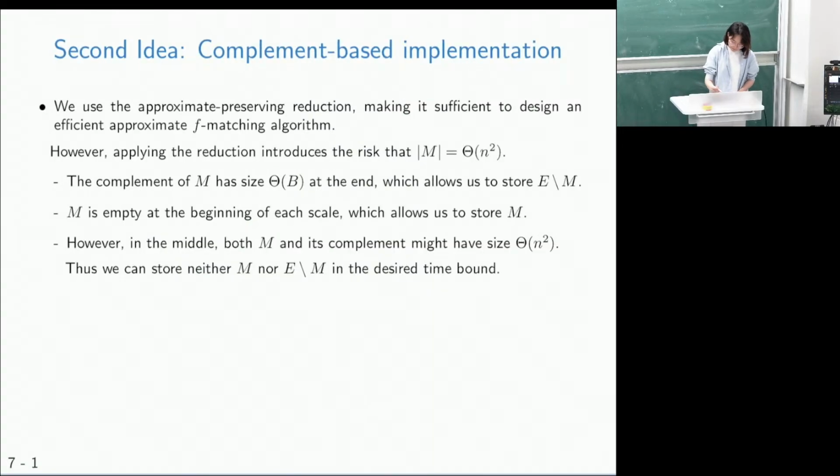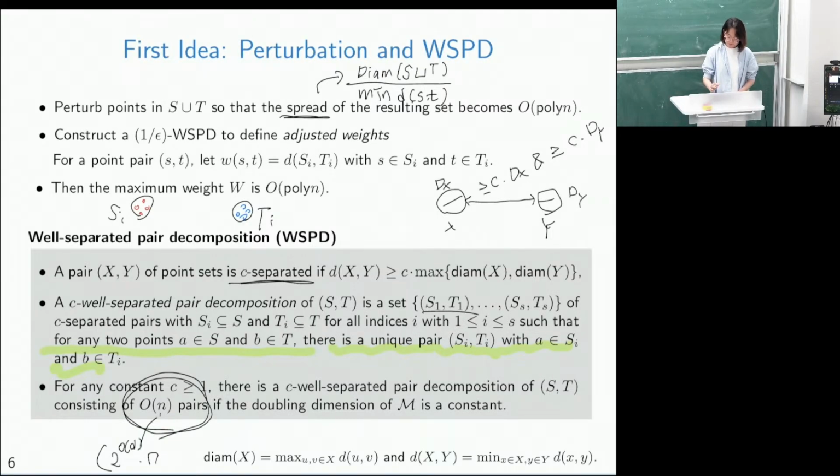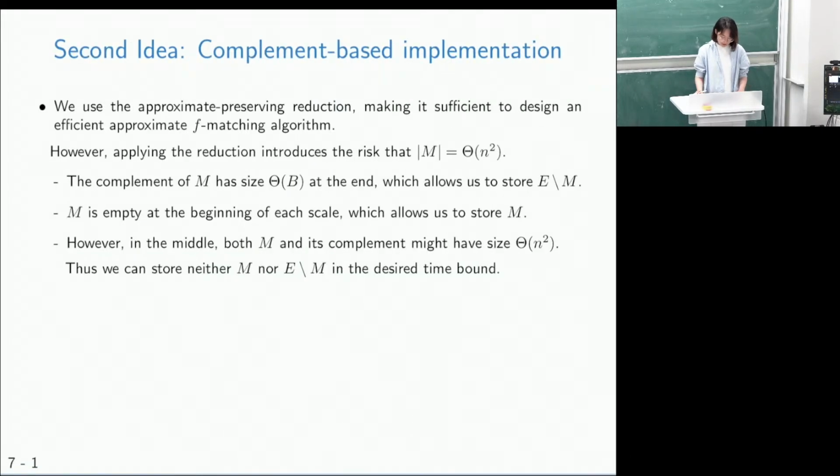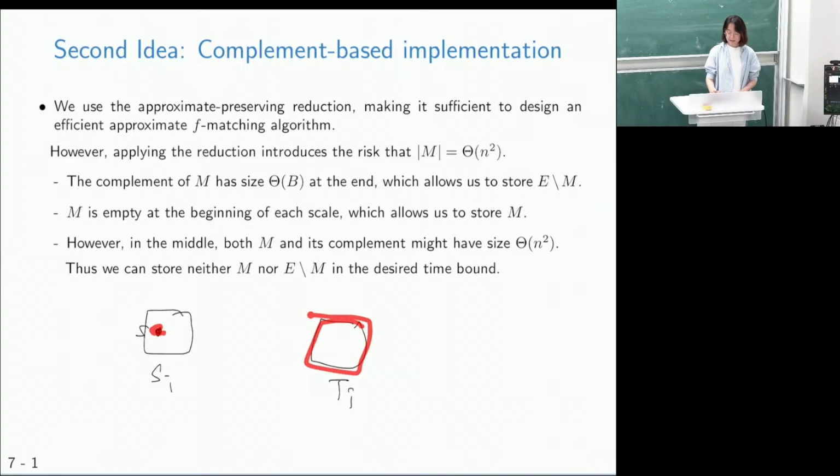Okay, so now we are going to deal with each pair of point sets separately. So we have S_i and T_i. At some point of the search, we reach some point in S_i. And at this point, we want to find some eligible edge connecting this point to some point in T_i.